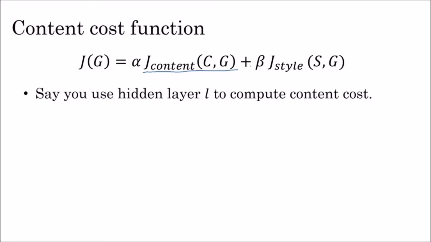Let's take a hidden layer L. Using this hidden layer L, we compute the content cost. Make sure we do not consider the second layer or the third layer, the initial layers.